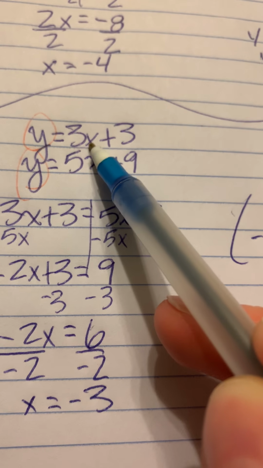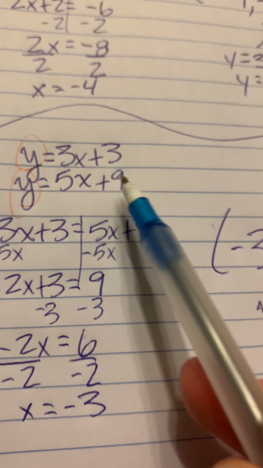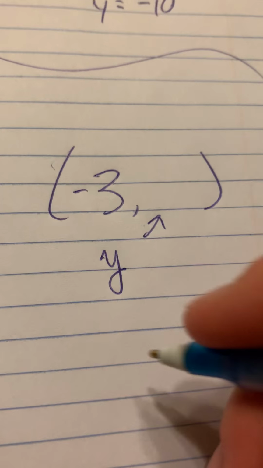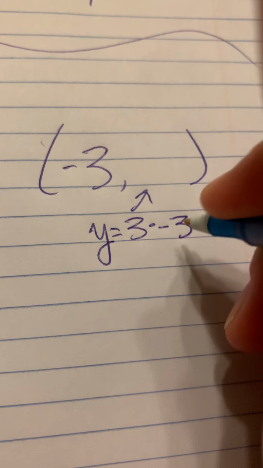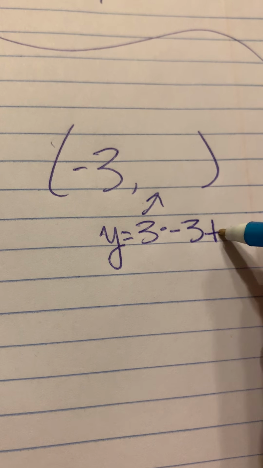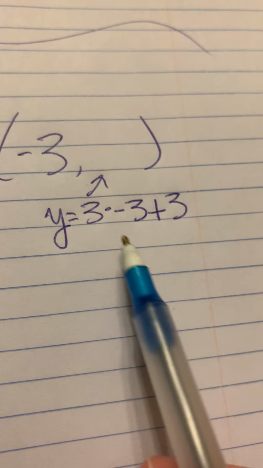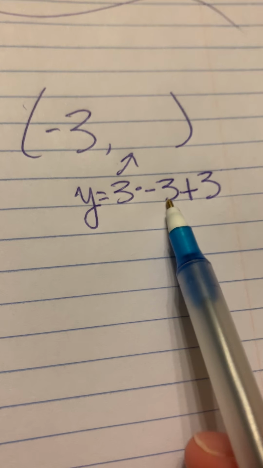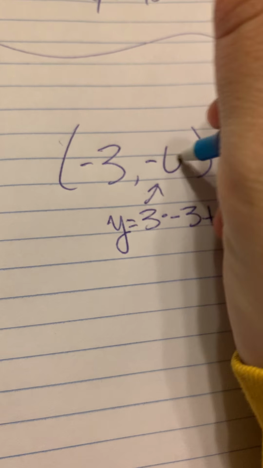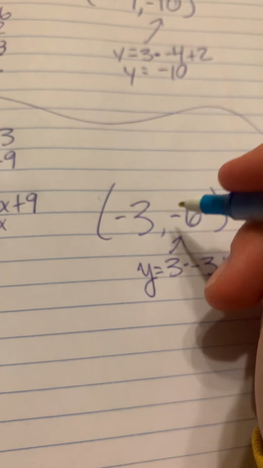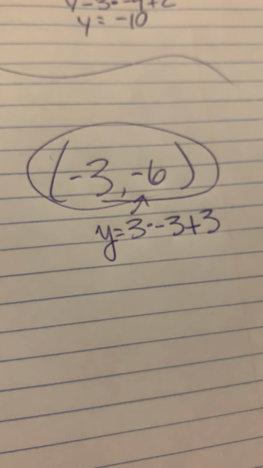Y equals 3 times negative 3 instead of the x value. Three times negative 3 is negative 9. Negative 9 plus 3 is negative 6. So that is the answer for this problem.